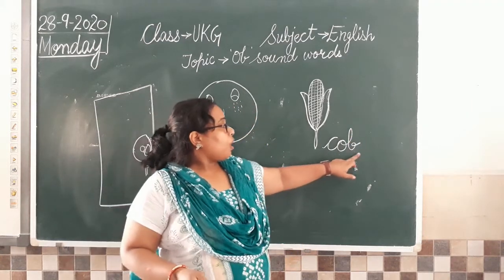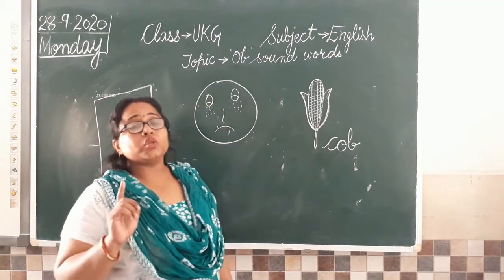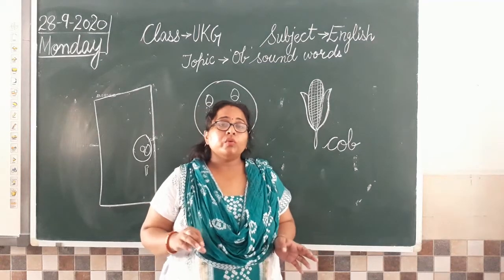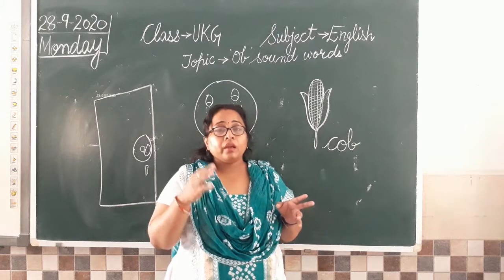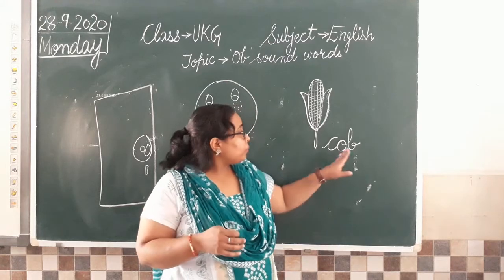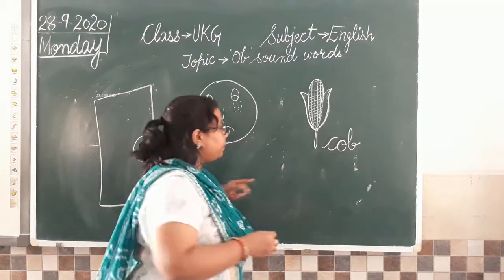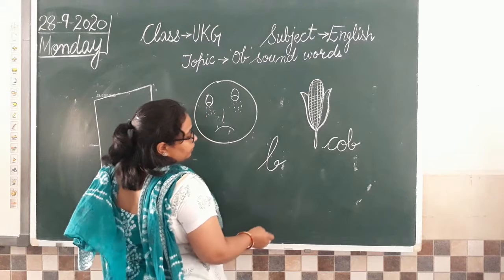K, O, K. Now, one thing which you have to remember here is the formation. Many of you get confused when you are writing O, B, L together. So please be very particular while making the formation of alphabet B. It is done like this. Clear?